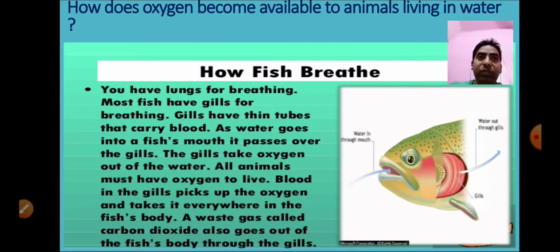This water has some dissolved air, dissolved oxygen, in it. The plants and animals take this dissolved oxygen from the water for breathing. The dissolved air is oxygen. You can see the fish takes oxygen from the water, in which oxygen is dissolved.